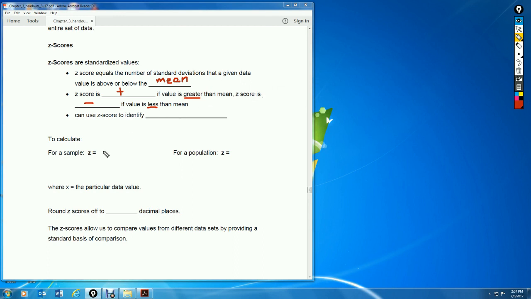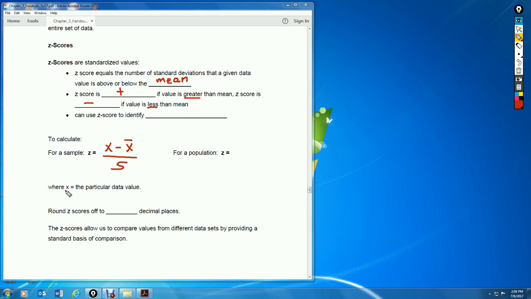All right, so to calculate the z-score for a particular data value, assuming you just have sample data, then z is equal to x minus x bar divided by s.